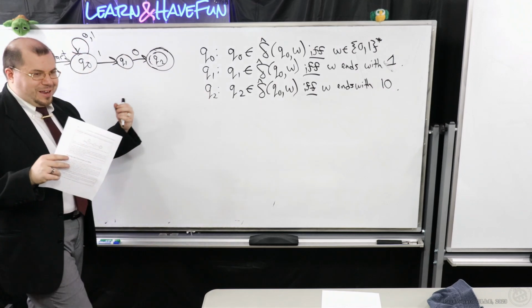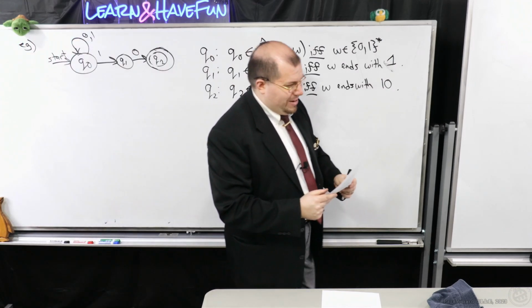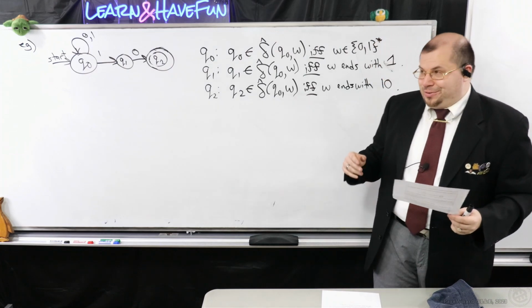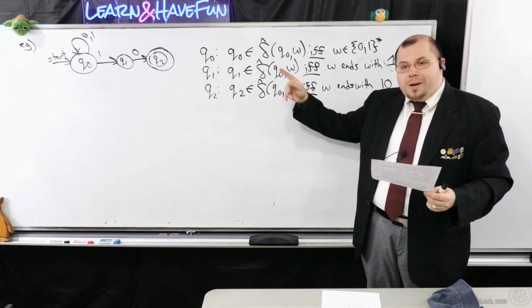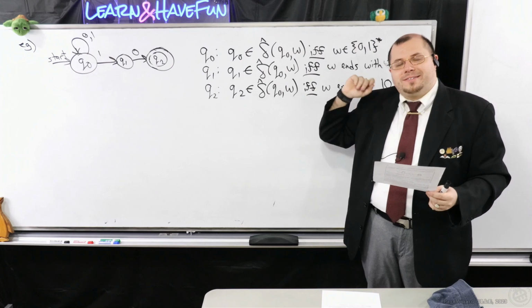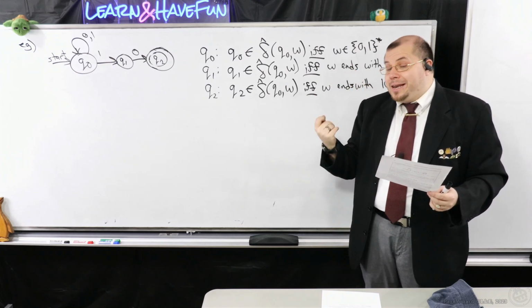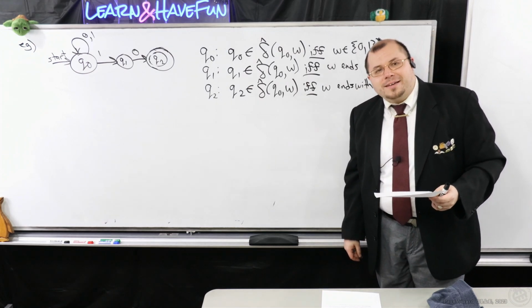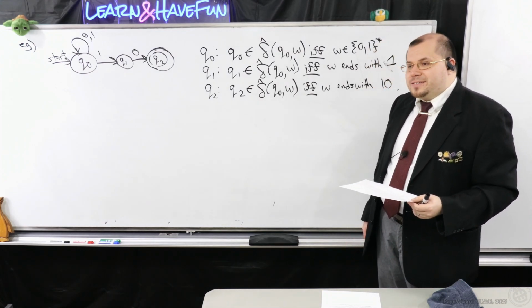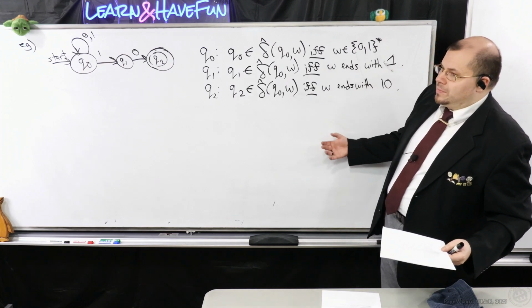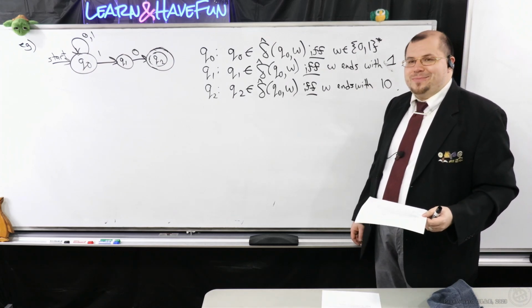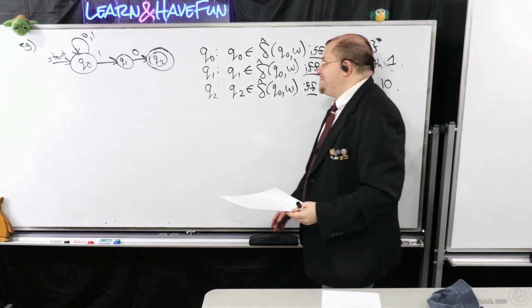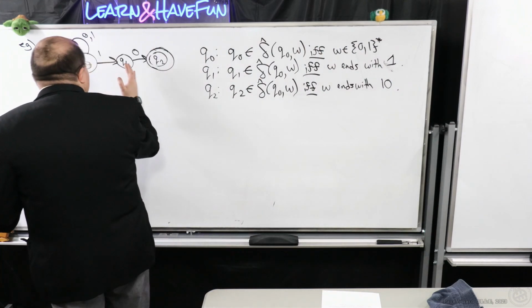However, as I explained previously when we were talking about state invariants, sometimes it's very difficult to know because all we have at our disposal are the set of states that we currently are in. I don't know how it got into that state up to that point. It may have been because I was in Q1 and I got to Q2.